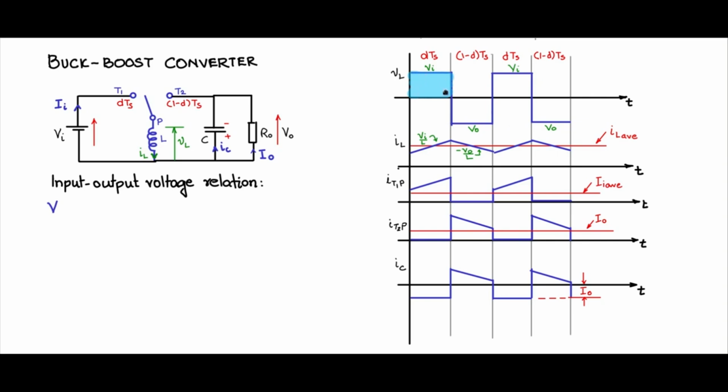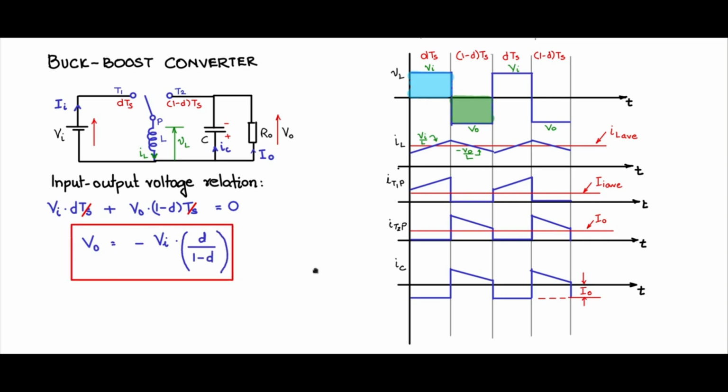So let us consider this area, the volt is Vi, second is D Ts, plus take this portion of the area during 1 minus D Ts period, which is V0 into 1 minus D Ts, should be 0. So this is the volt second balance equation. I will remove the common variable Ts and rearranging, you have V0 is equal to minus Vi D by 1 minus D. So this is the input output voltage relationship.